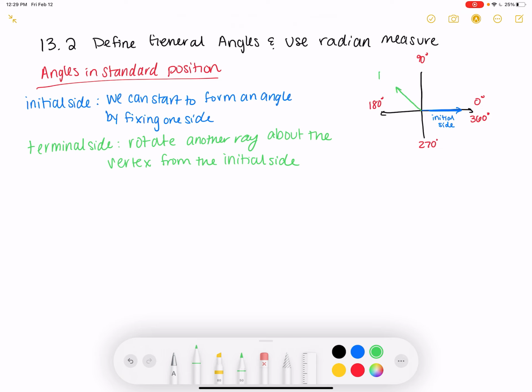It's going to be our terminal side. Okay, obviously our vertex is here in the middle.